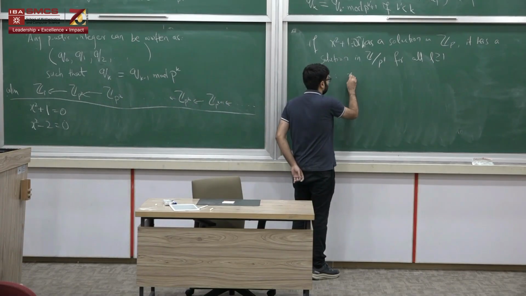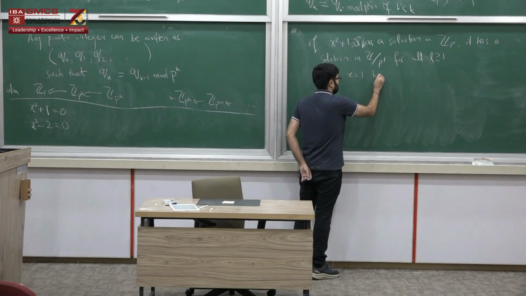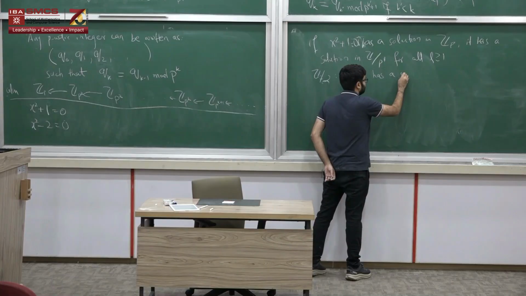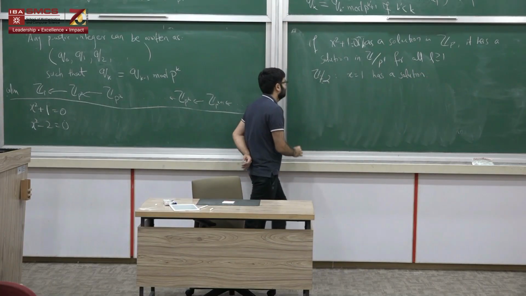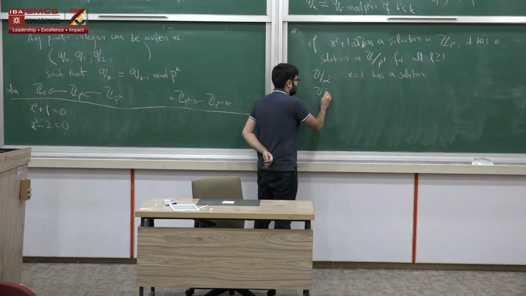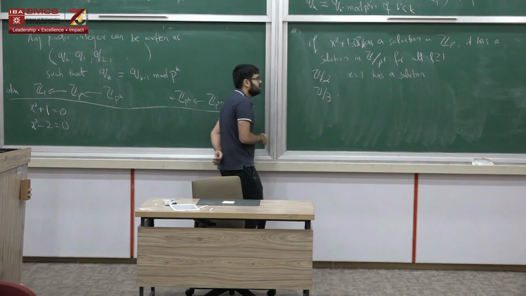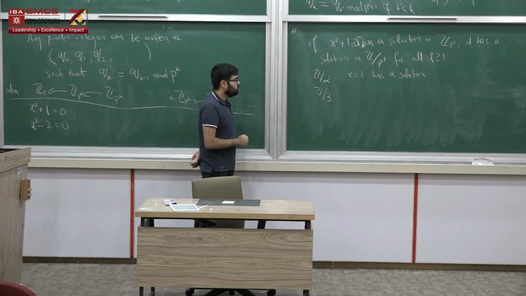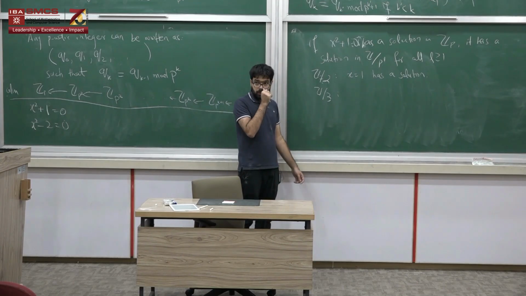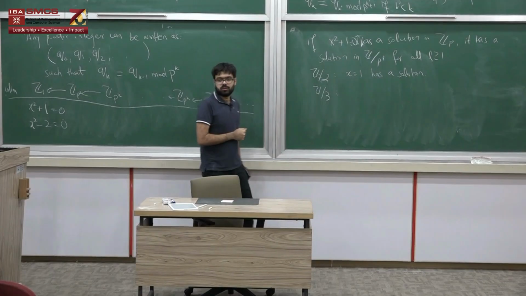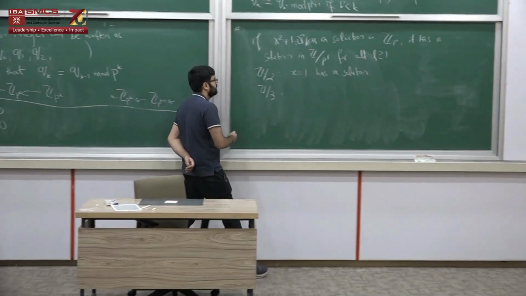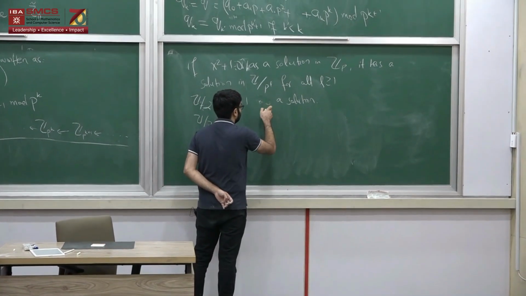So x is equal to 1 is a solution. Z mod 3: the only options are 0, 1, 2. 1 squared is 1, and 1 plus 1 is not 0. 2 squared is 1, also 1. So there is no solution.